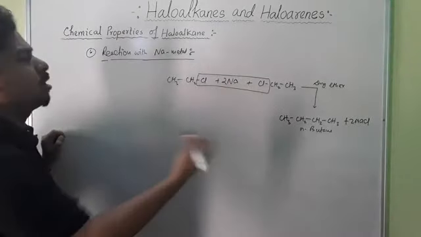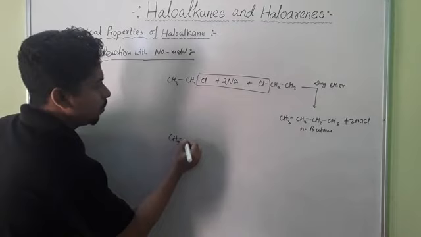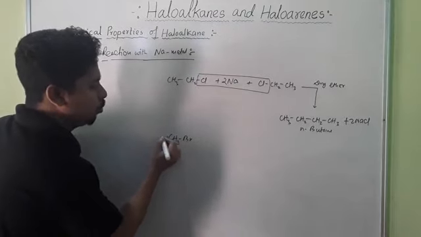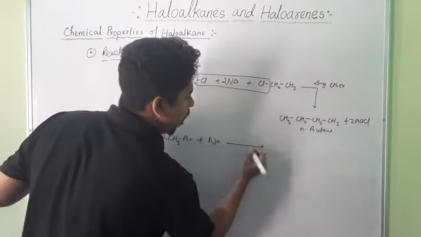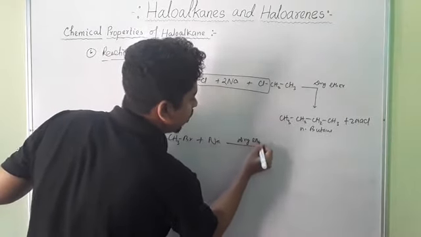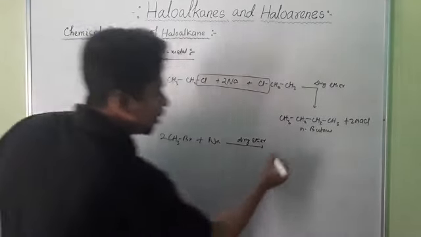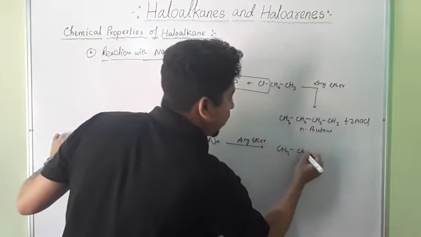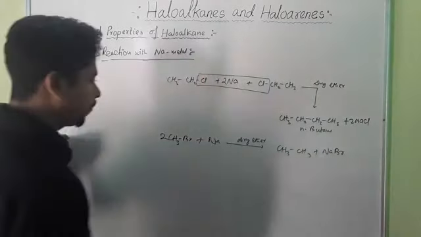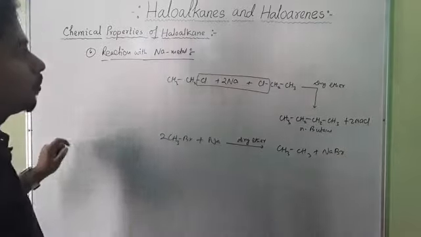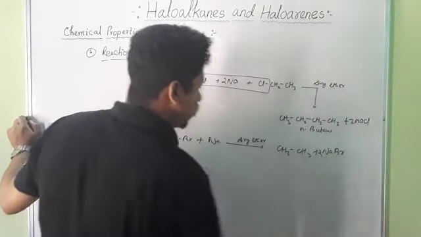Okay, so you can write another reaction also. Suppose 2 molecules of CH3Br plus sodium in presence of dry ether. Then what will be the product? You will get CH3 bond CH3 plus twice NaBr. How?